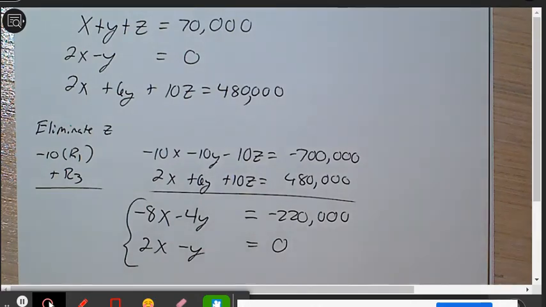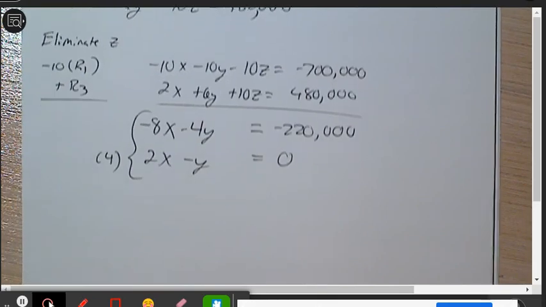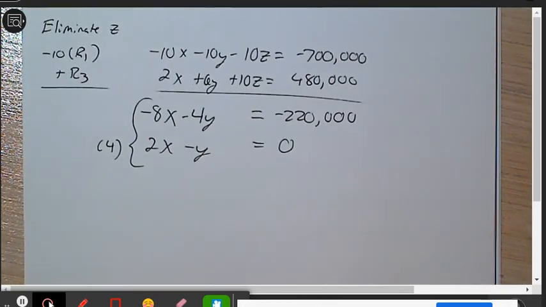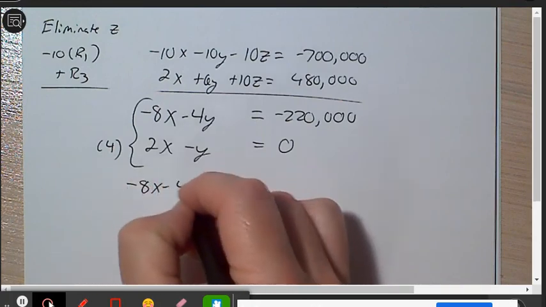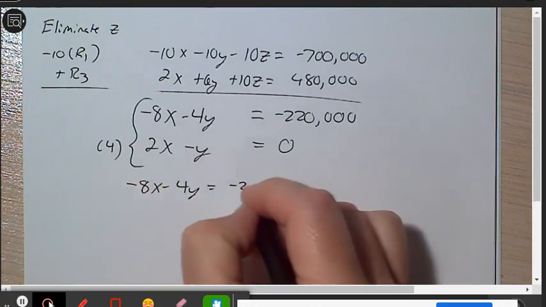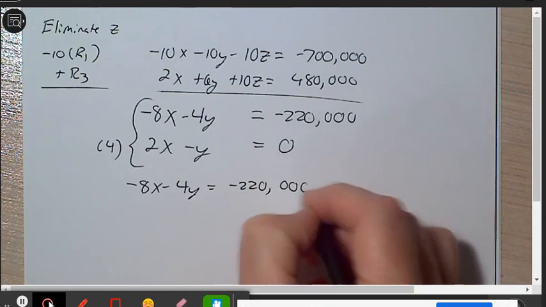Okay, I would say you can multiply by negative 4 here, but since this is negative 8 and 2, let's just take this equation and multiply it by 4. This will make this positive 8x, that'll be negative 8x, and that way we don't have to change any signs. So that'll be negative 8x minus 4y equals negative 220,000.